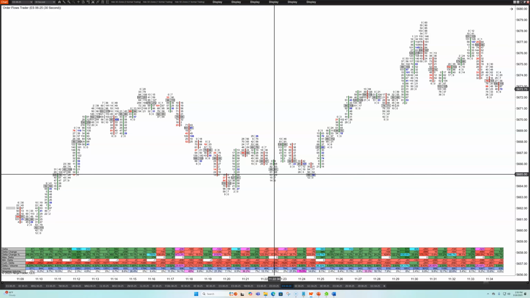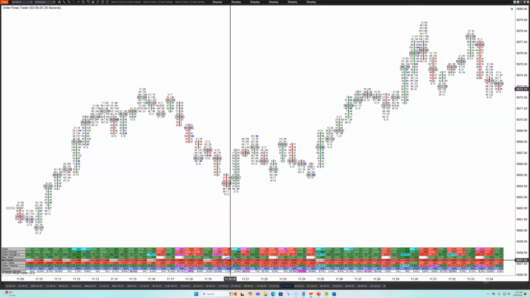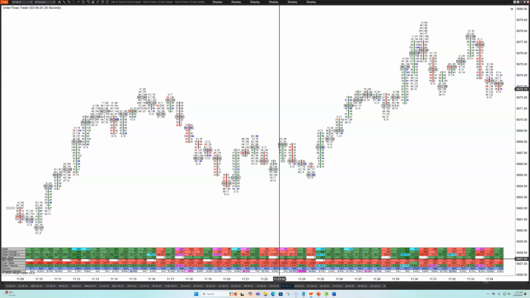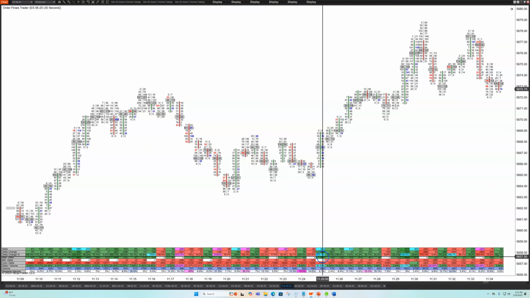But what I want to spend some time talking about today is the numbers that you see down at the bottom of the chart. It's the max delta and the min delta. The max delta is how strong delta was in a bar. So for example, this green candle right here has a max delta of 347.